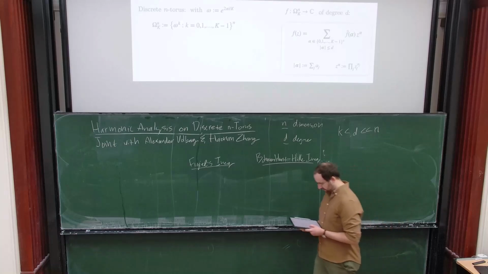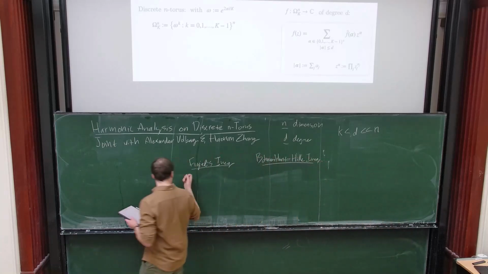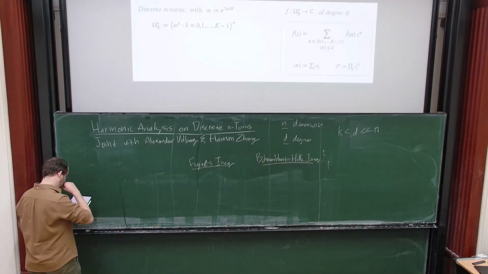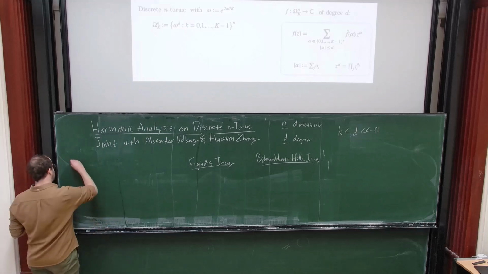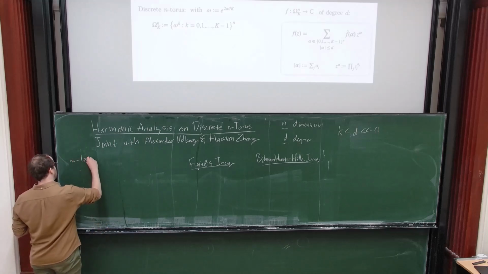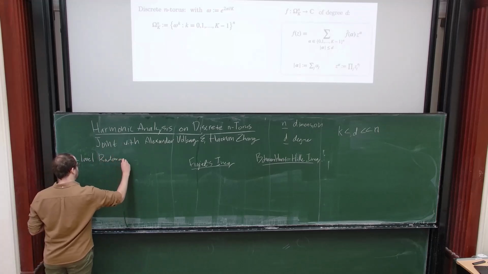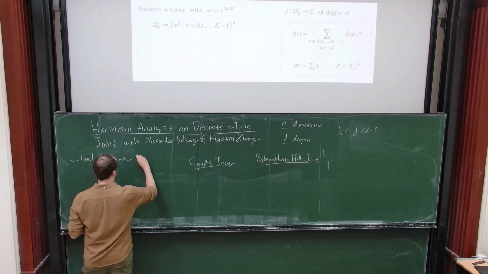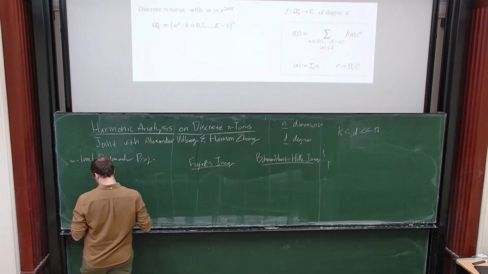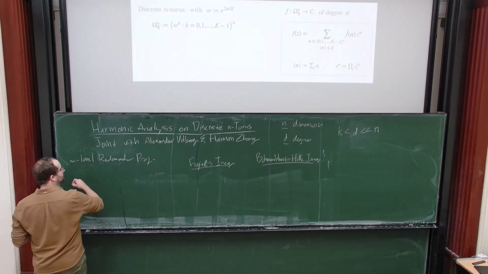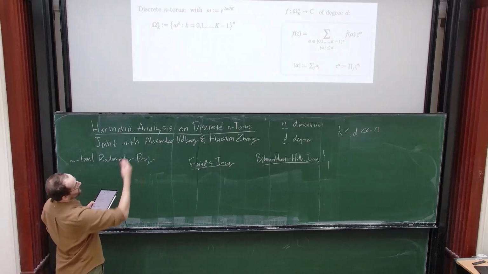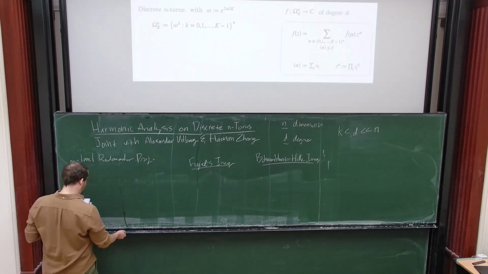To define Figiel's inequality, we need what I'll call m-level Rademacher projections. So f is, as I've written here, of degree d.